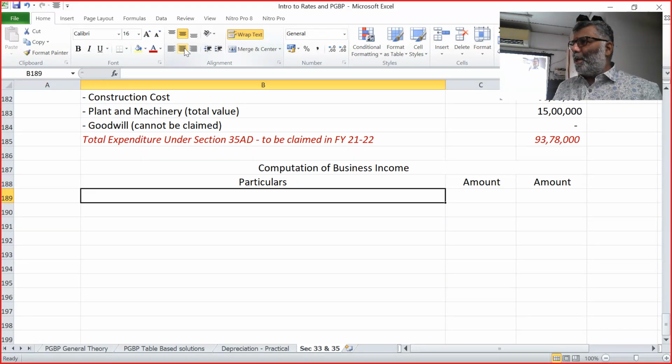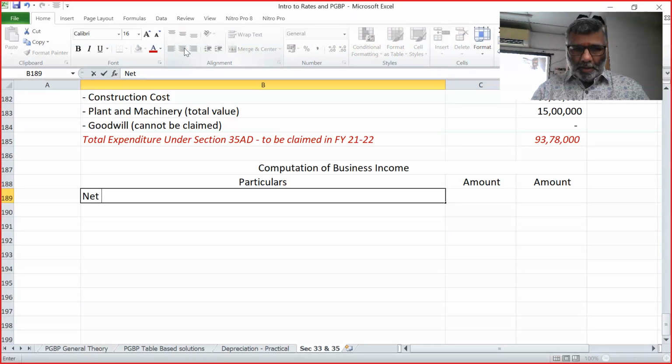Any expenditure prior to commencement of business should only be capitalized. So if it is not here, it would have been 35D preliminary expenses, something like that. You cannot claim goodwill. We cannot claim land, goodwill, and financial instruments.